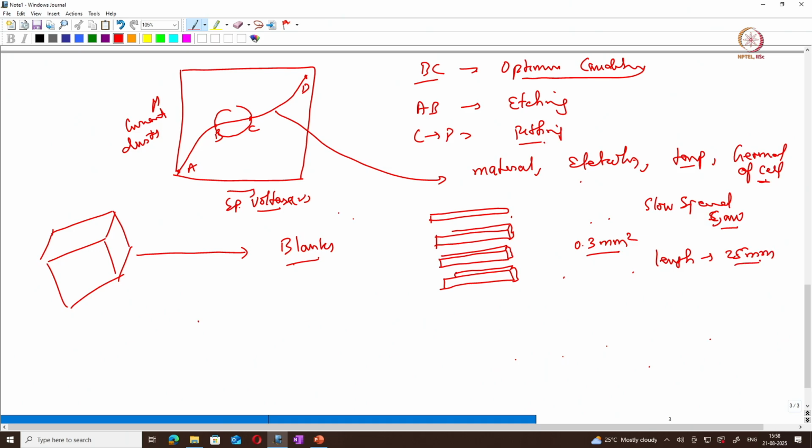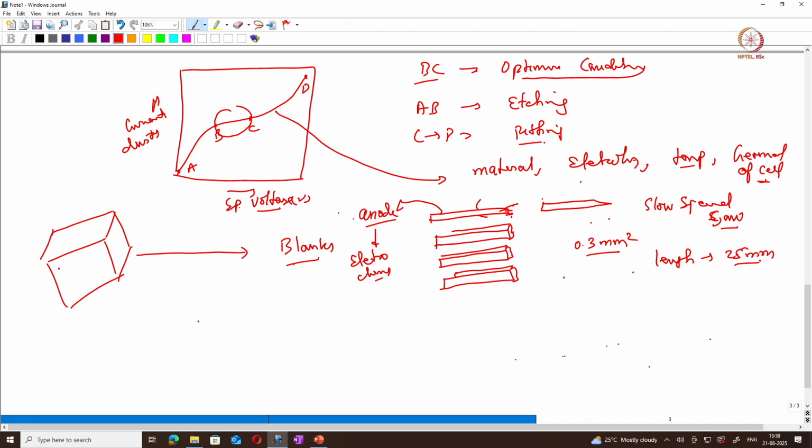Okay, so you can use the precision slow speed saw for cutting the blanks from the bulk samples. Okay, so these individual blanks are used as the anode in an electrochemical cell, where the material is removed from the tip surface, from the cross section, so that it will become a sharp needle.